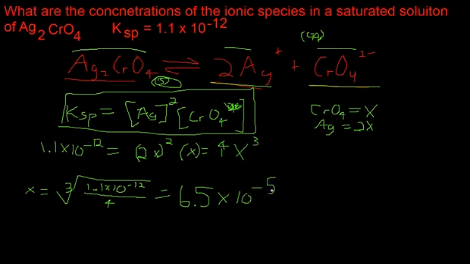Is that right? I guess I wrote this on a piece of paper. It's kind of messy. I'm just going to redo this really quick just to see if that number's right. So divided by 4. Yep, it's 6.5 times 10 to the negative 5.